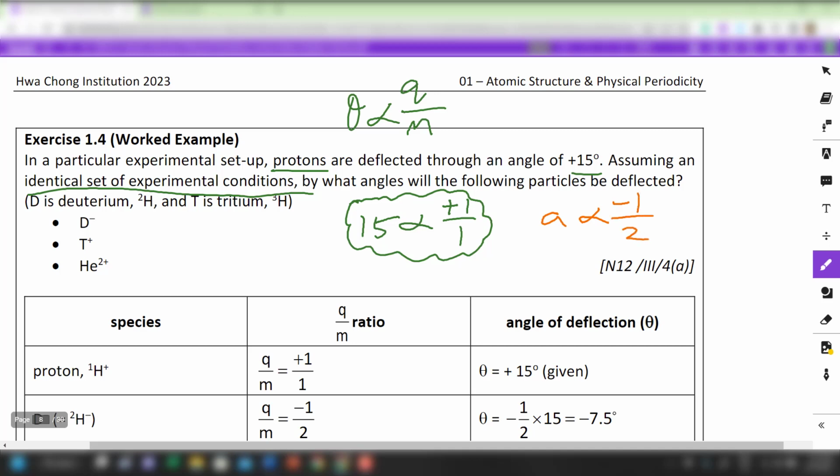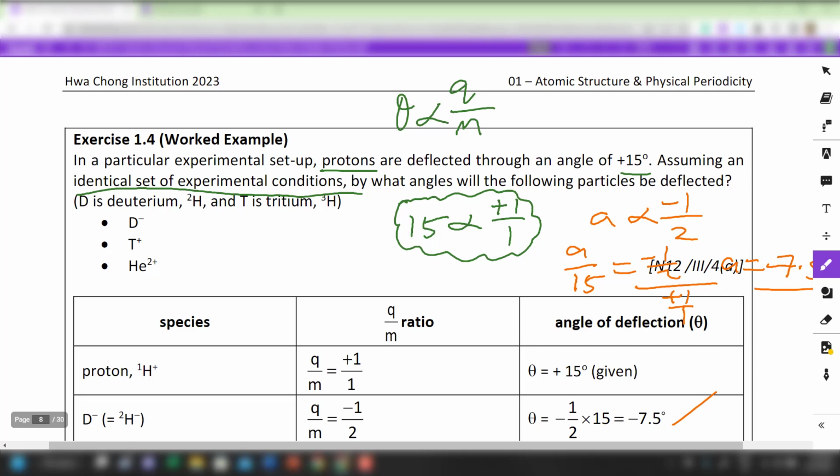We divide A by 15, so A over 15, and the proportionality constant will be cancelled away. Now we can put an equal sign: minus 1 over 2 divided by plus 1 over 1. Therefore A is equal to minus 7.5 degrees, we just take minus half times 15. This is the angle of deflection that we get over here.